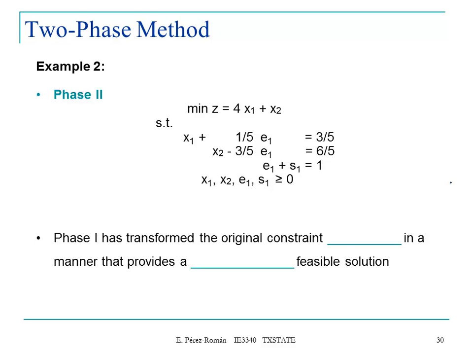And we now use the objective function of the original problem. So phase 1 helps us find the initial solution, and we use those coefficients to build a new problem for phase 2. Phase 1 has transformed the original constraint equations in a manner that provides a starting basic feasible solution for the problem.